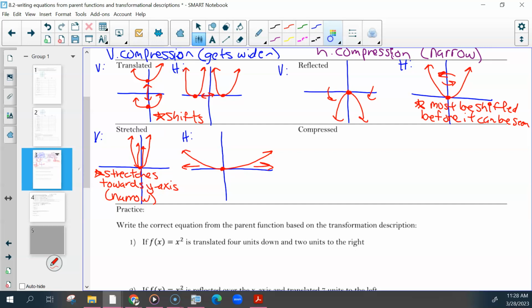And it's stretching towards the x-axis. So then this gets wider. Questions so far?